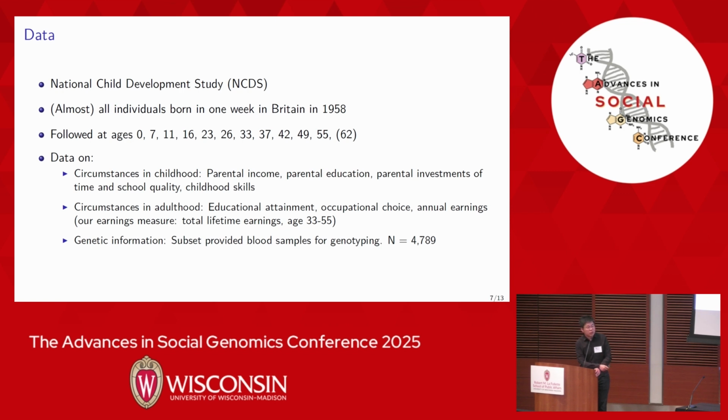So we only have a subset of individuals who consented and who were genotyped. We compared this genotyped subsample with the full sample, and there are some differences. For example, the genotyped sample has more education and slightly higher earnings. So there is a representativeness issue, and for external validity, we acknowledge the limitation there.